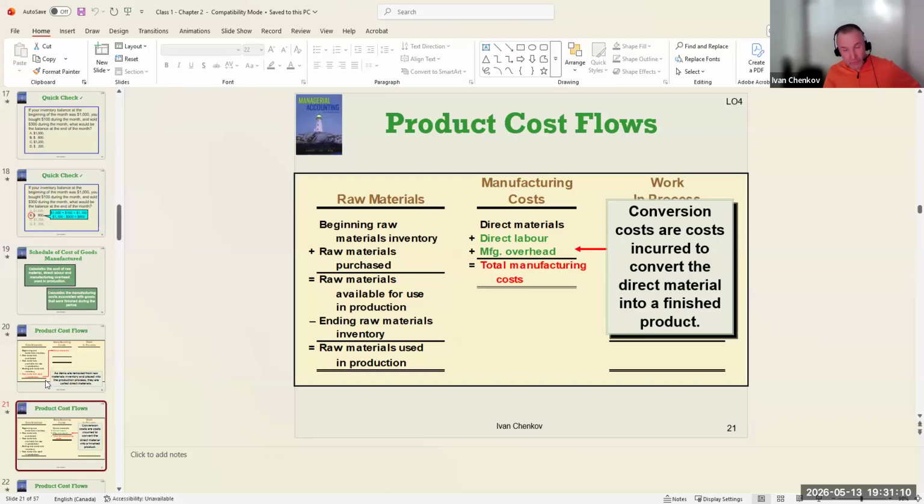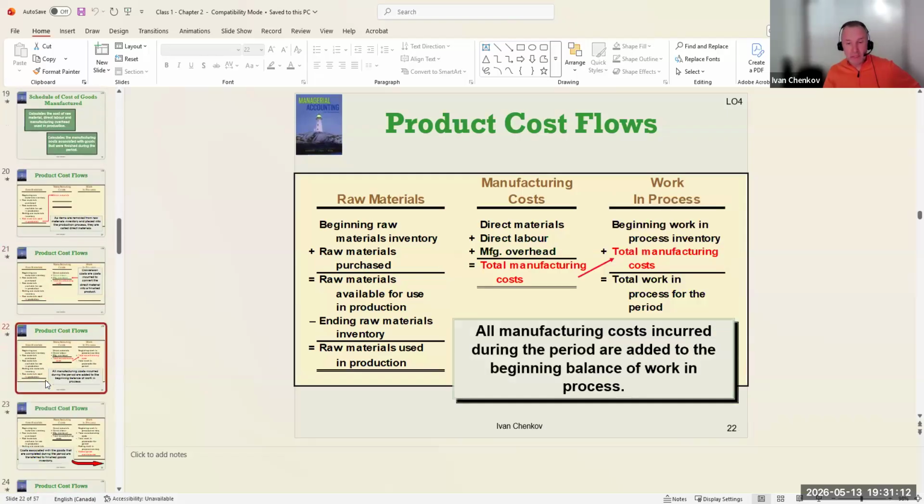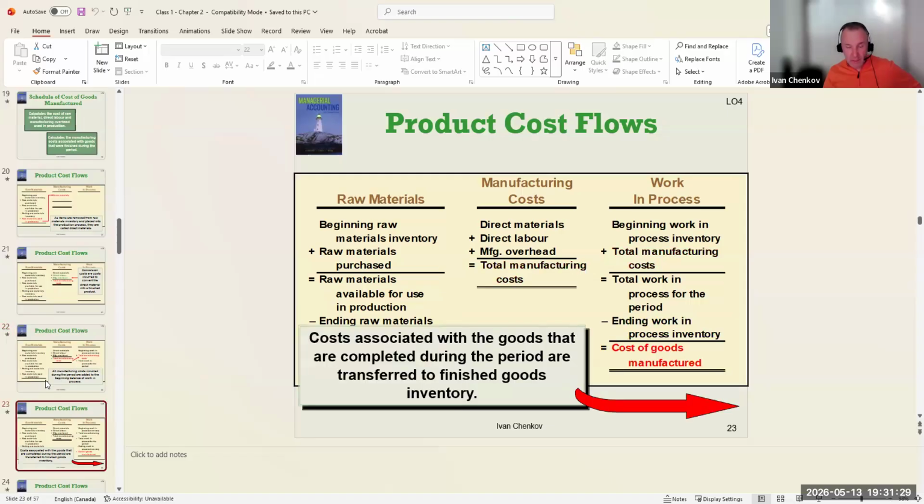Now, we still have to add the beginning balance of the work in process plus this manufacturing cost, which is going to give us the total work in process for the entire period. Once we get that amount, we're going to deduct the ending balance in the work in process, and we're going to get cost of goods manufactured.